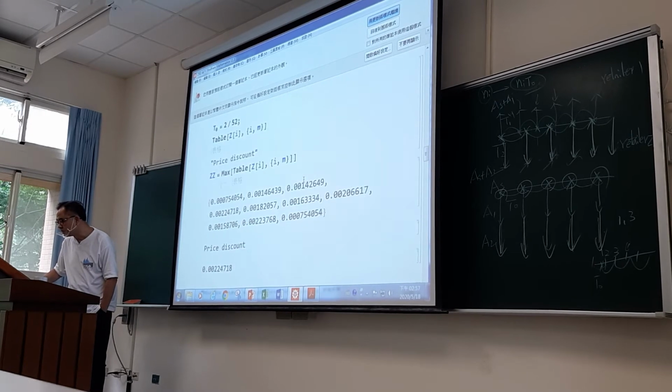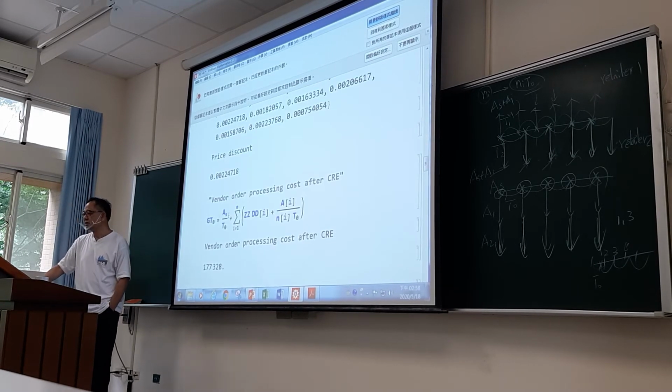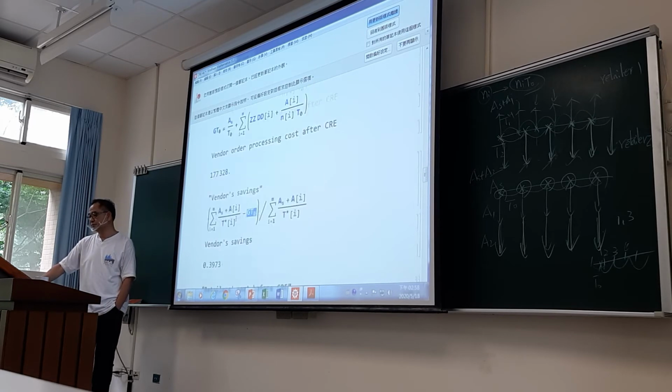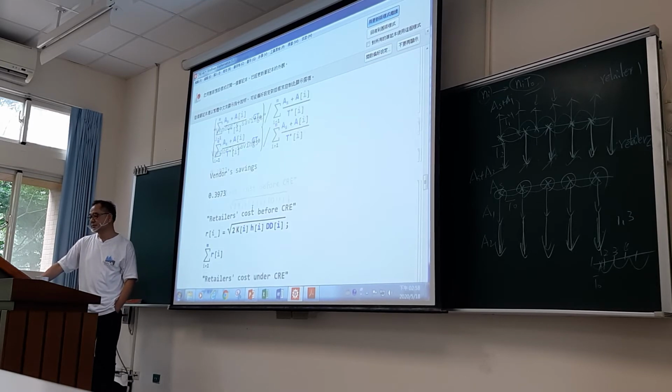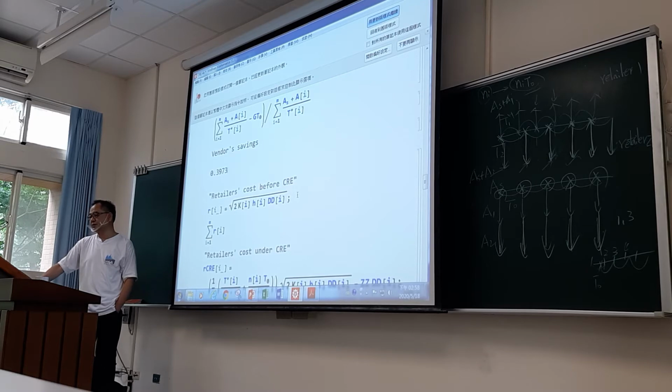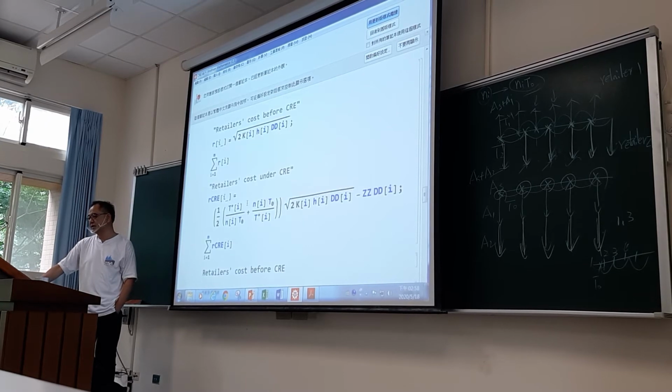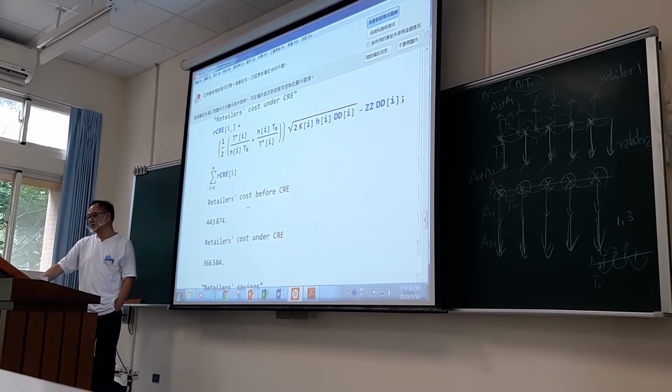There must be somewhere. Oh, yeah. This is GT0. Yeah. So the vendor's savings before and after the CRE is what? 39.73%. Okay. So retailer's cost before and after the CRE. Okay.